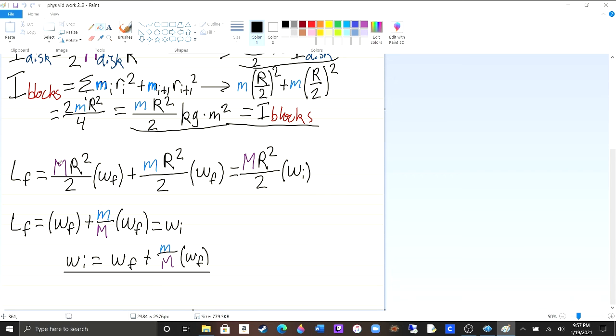We get rid of the radius for all of them by dividing both by capital M r squared over 2. We can get rid of this term, and all we're left with is that our initial angular velocity is equivalent to our final plus our final times the mass of the block divided by the mass of our disk.